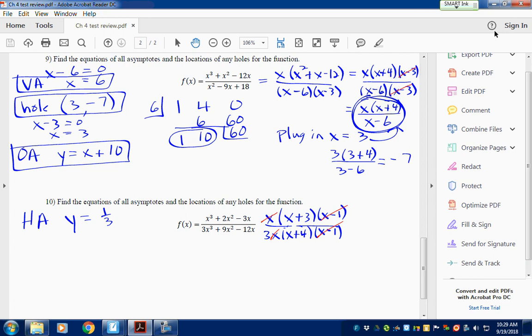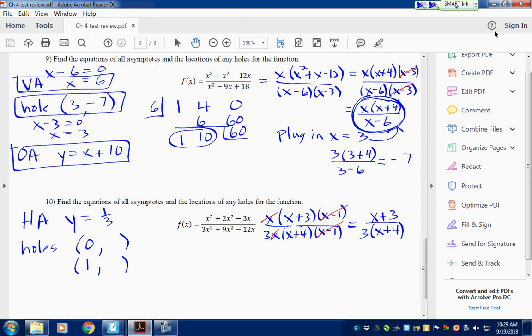So that tells me that there are two different holes. One when x is 0, comma something, and another when x is 1, comma something. So here's my new rational function. The x's divide to equal 1. I have an x plus 3 left on the top, a 3 on the bottom, and an x plus 4.